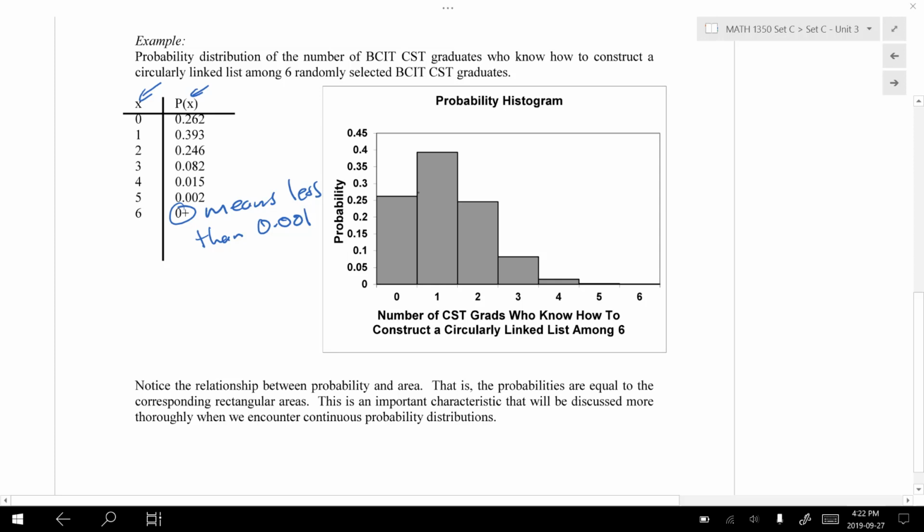We may notice here the relationship between probability and area. So since each of these boxes has length 1, the total area in one of these boxes is the same as its y value. And of course, more area here, more area coming here, means there's a higher probability.